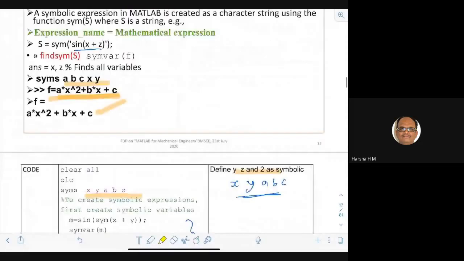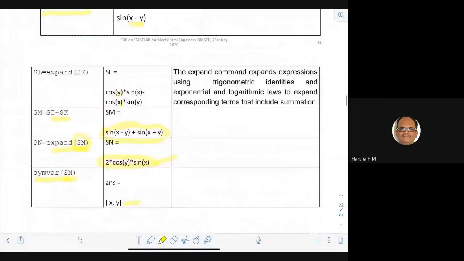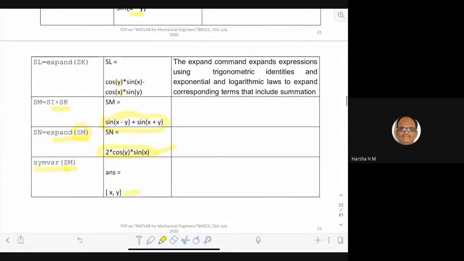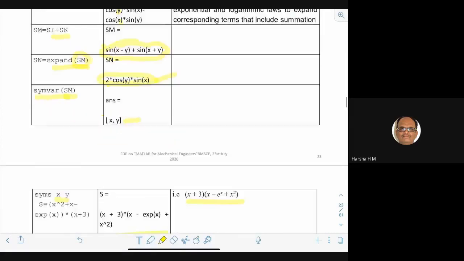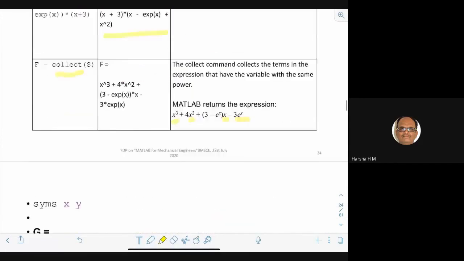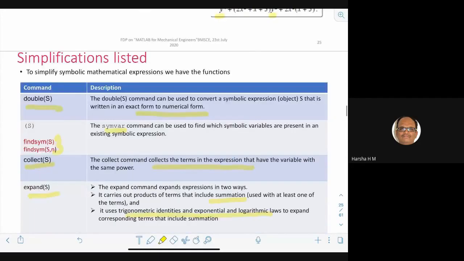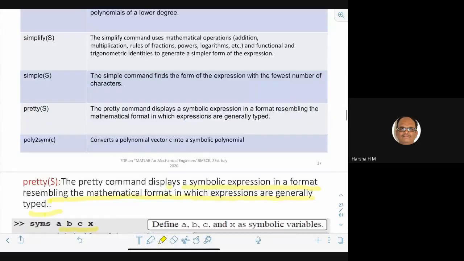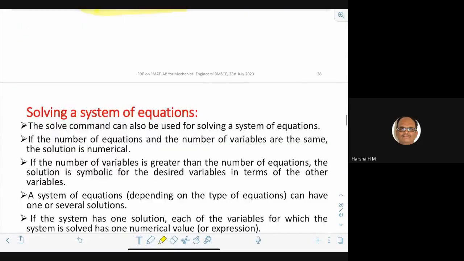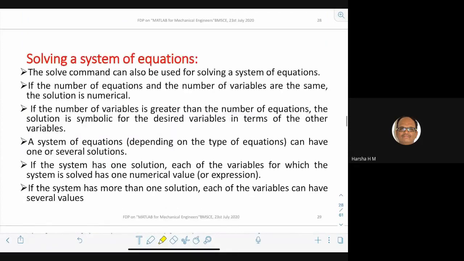You can always do factor. Suppose you say a is equal to x squared minus y squared, and take the factor of that. It will say x plus y into x minus y, the factors will be written. And also there is a simplify command. I think I missed it in this slide too. Okay, I'll add it.